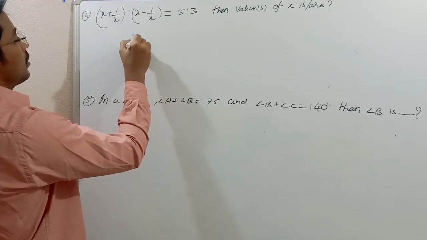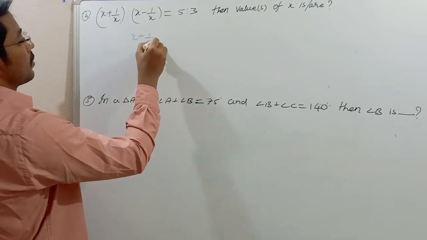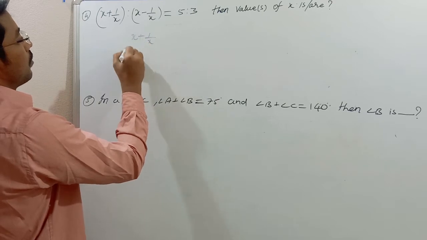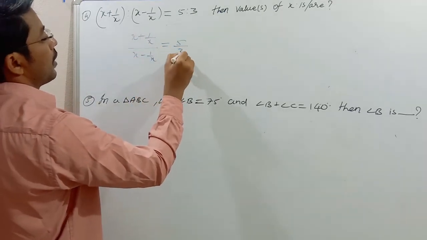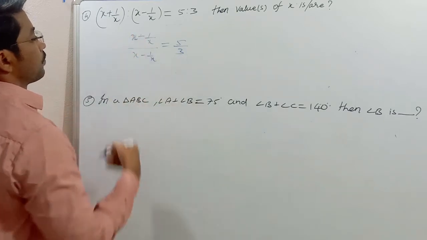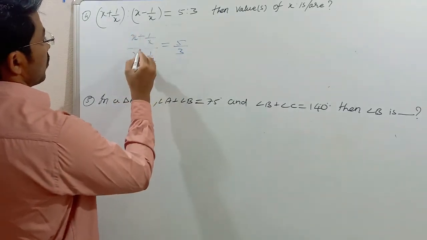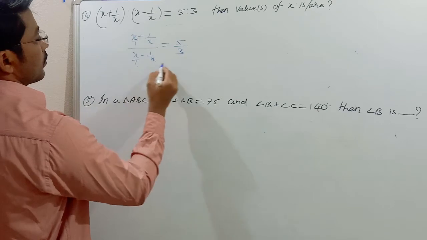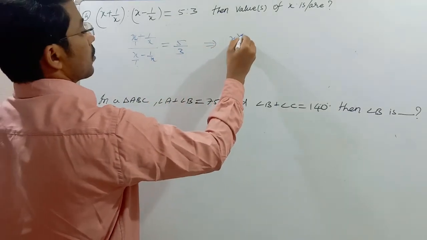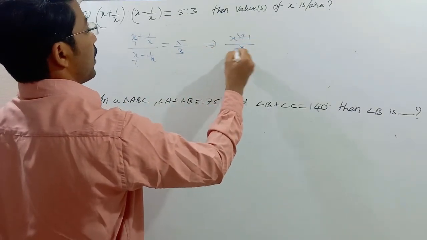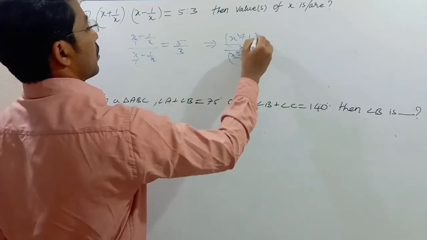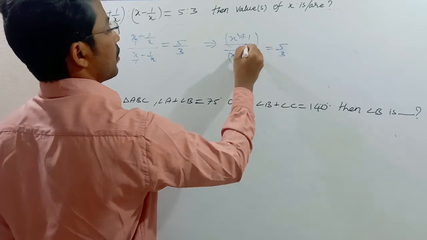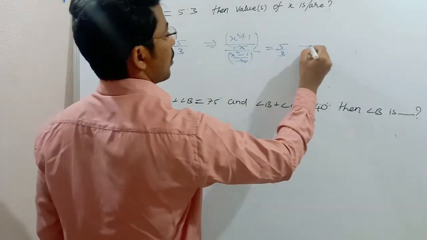As it is a ratio, we can write (x plus 1 by x) by (x minus 1 by x) is equal to 5/3. Take LCM here, then we get (x square plus 1 by x) by (x square minus 1 by x) is equal to 5/3. x and x get cancelled.